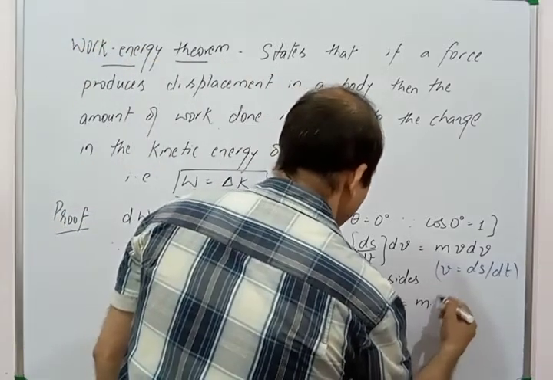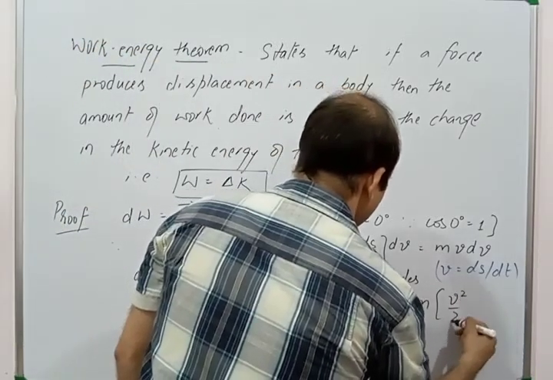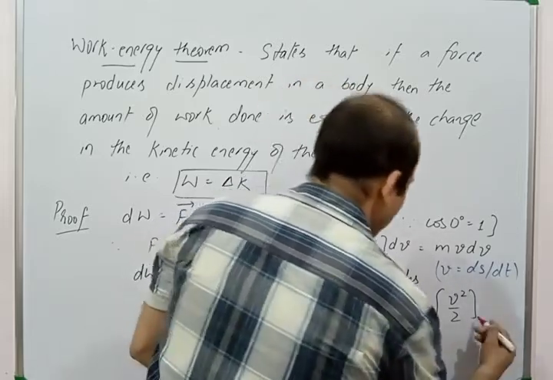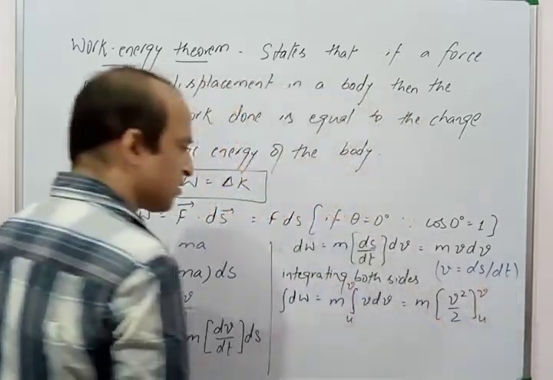So you can write this as m. Integration will give you v square by 2 from u to v. Apply the limits, upper minus lower.